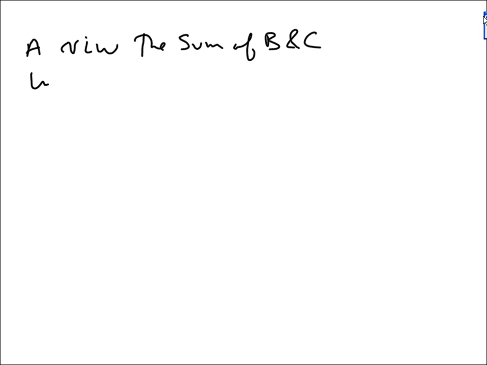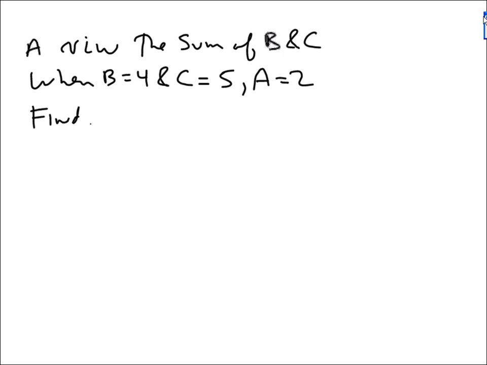For example, what if I tell you A varies inversely with the sum of B and C? And then they go on to tell you when B equals 4 and C is 5, that A is 2. Then you're being asked to find A when B is 41 and C is 15.